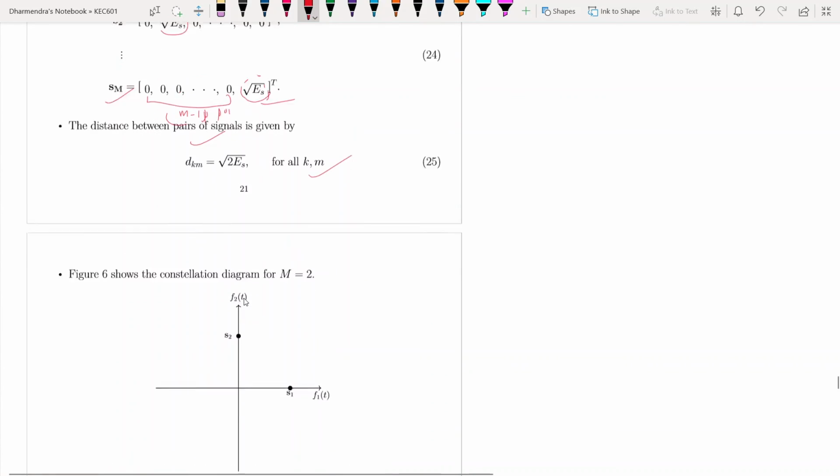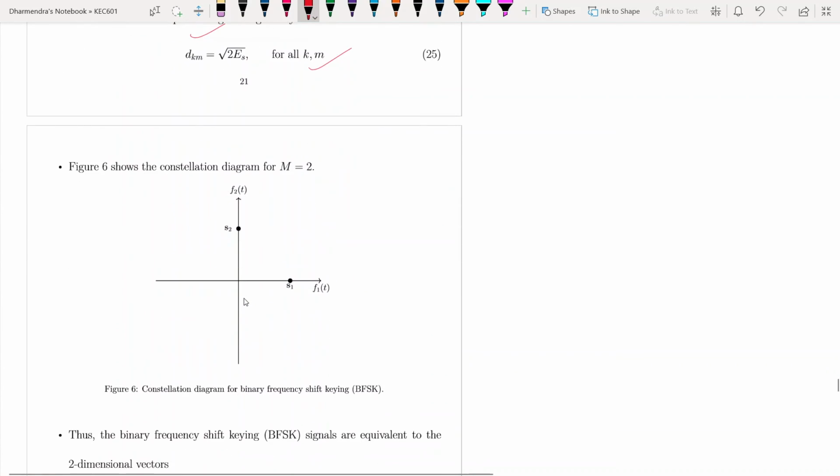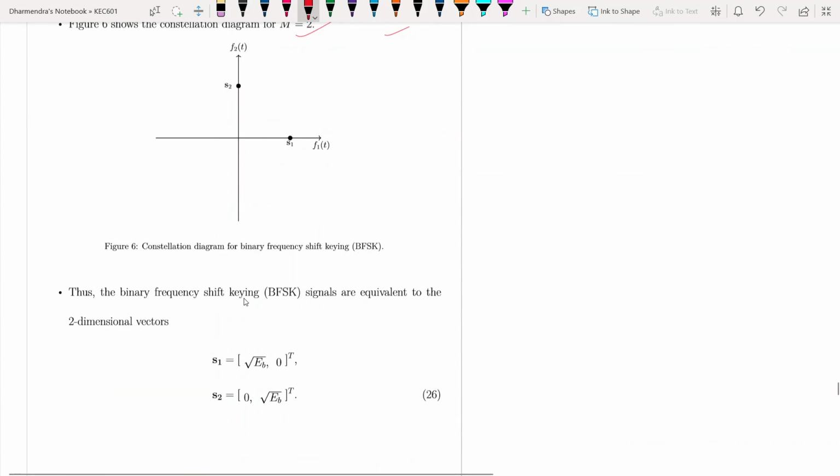So for M equal to 2, it will be 2 dimensions. M equal to 3 is a 3-dimensional signal. M equal to 4 is a 4-dimensional FSK. Okay, so the constellation diagram will be this.